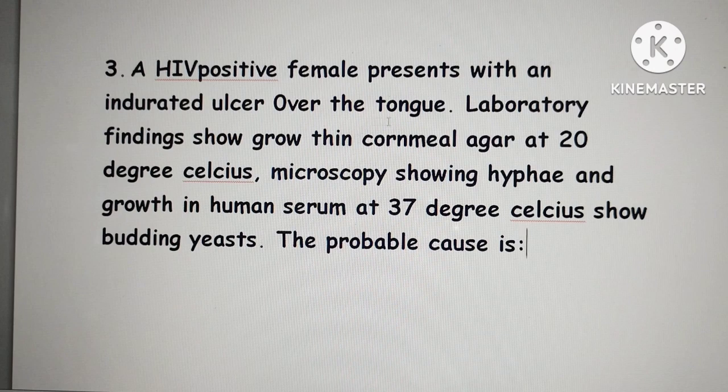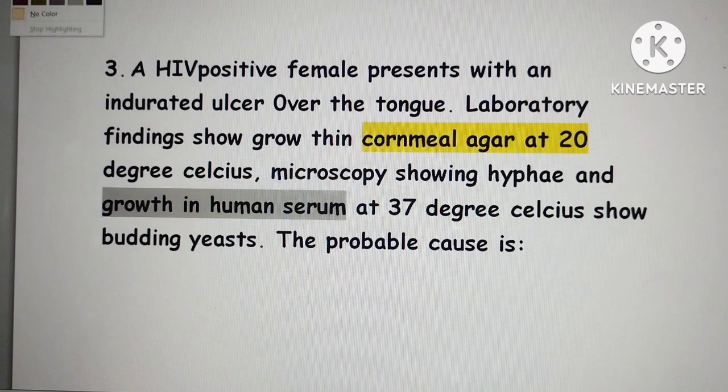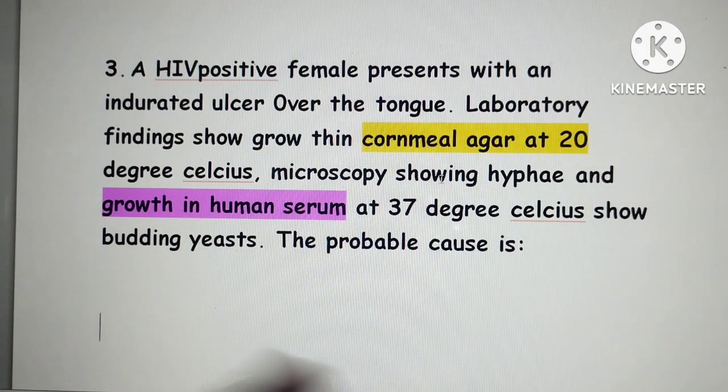So coming to the lab finding, cornmeal agar. First clue here, it is cornmeal agar at 20 degrees Celsius.